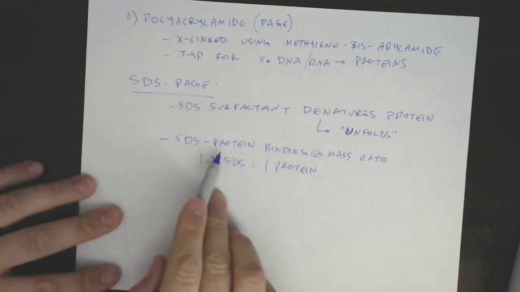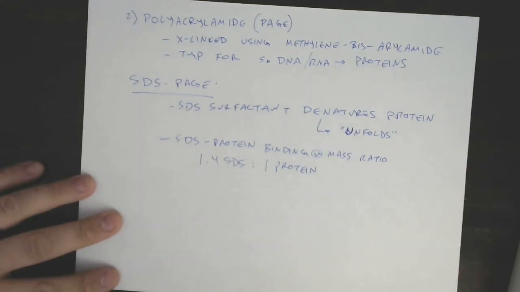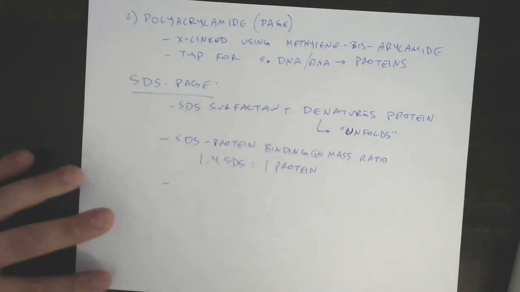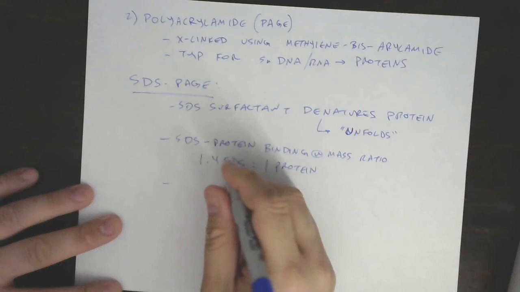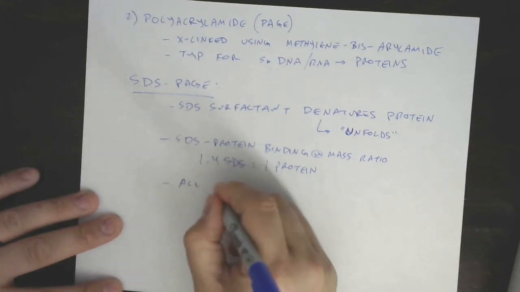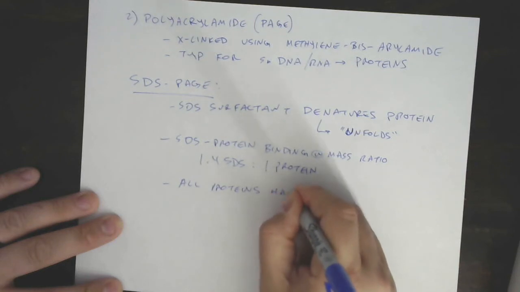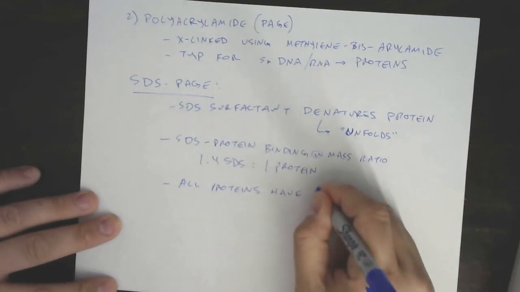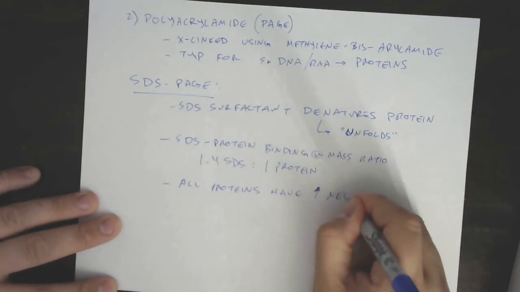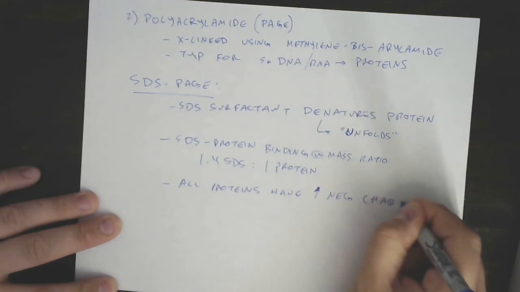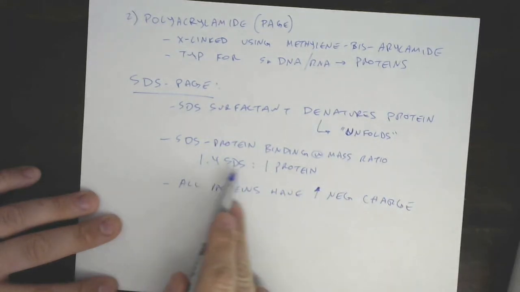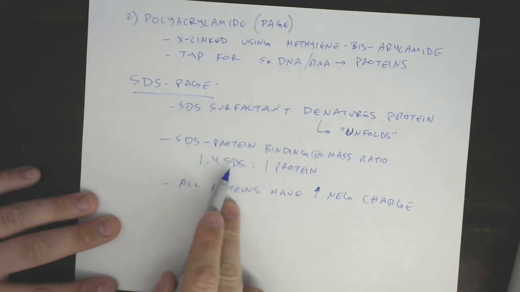We saw these SDS molecules. We know that they have charged polar head groups. And so that means that this kind of overall structure, all proteins have a very high negative charge. It's not really from the protein, it's from the SDS, which has its negative charge from that sulfate group.